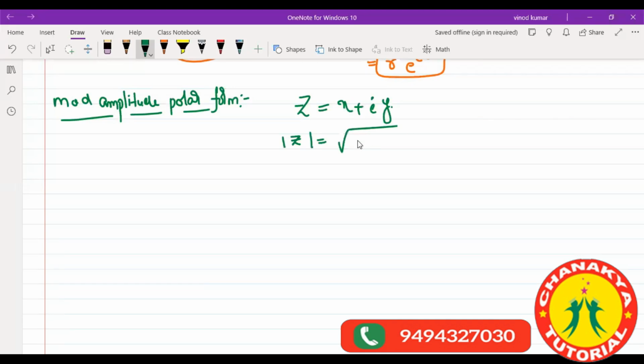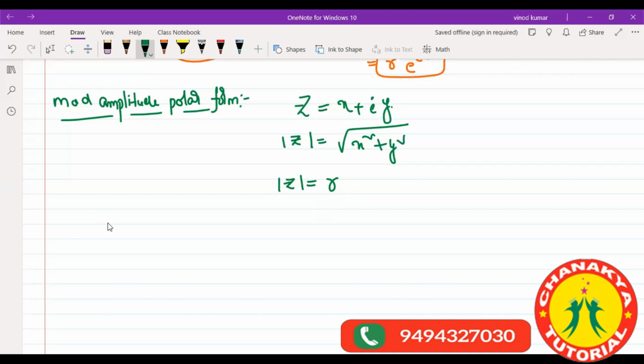That means R is the square root of x square plus y square. Then cos theta equals x by R, so x equals R cos theta, and y equals R sin theta.